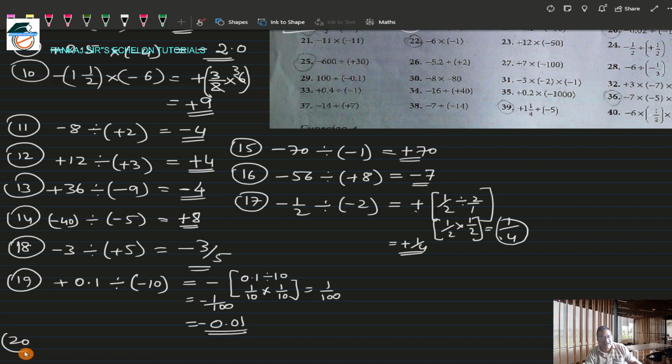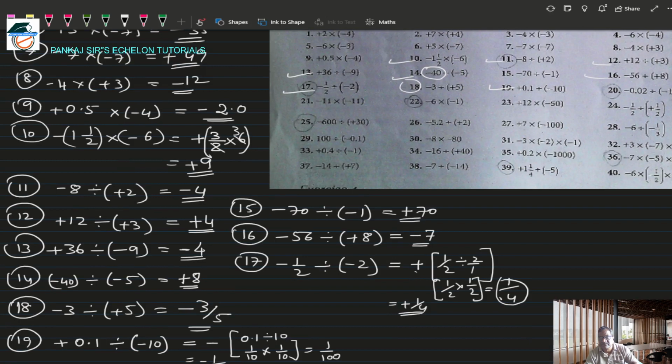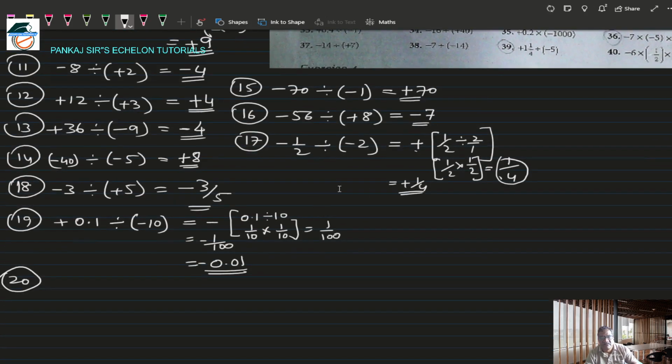The last one of today's video, the 20th one, is over here. Can you see it? Okay. So 20th says minus 0.02 divided by minus 10, right? Minus 0.02 divided by minus 10.